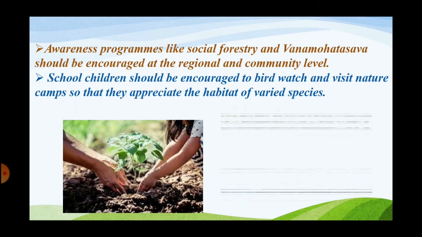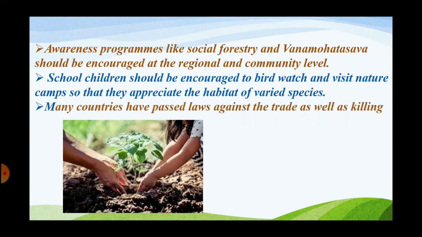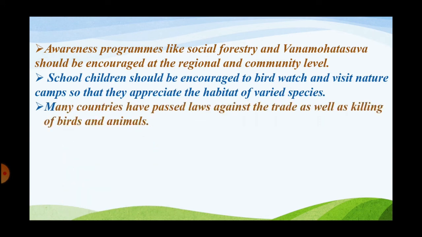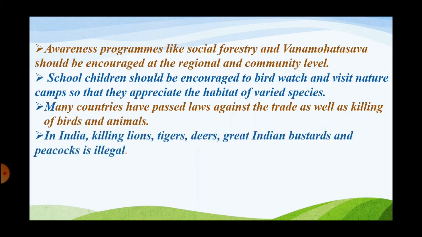Apart from that, many countries have passed laws against the trade as well as killings of birds and animals. In India, killing lions, tigers, deer, great Indian bustard, and peacock is illegal.